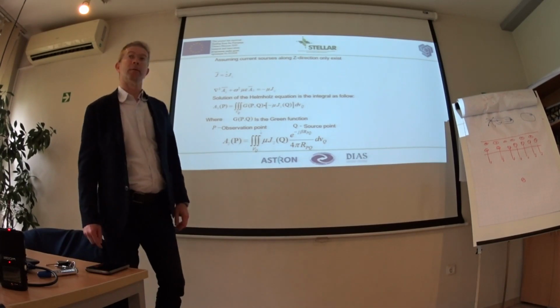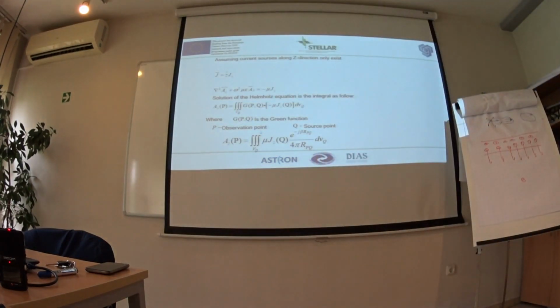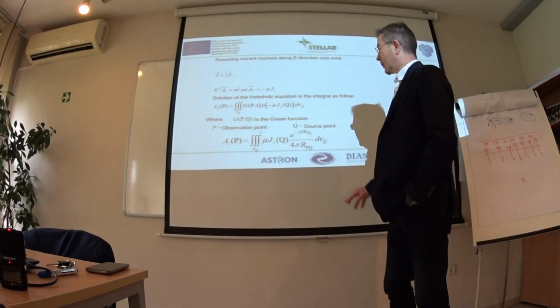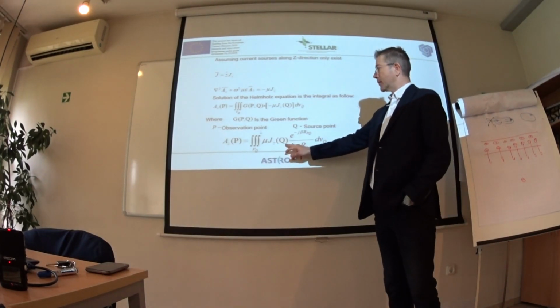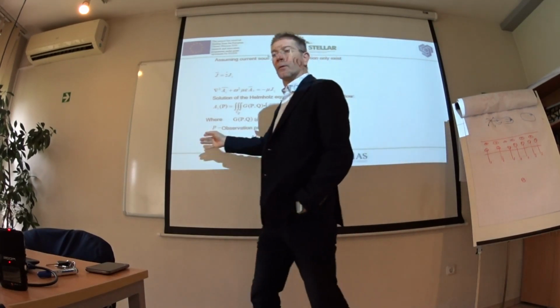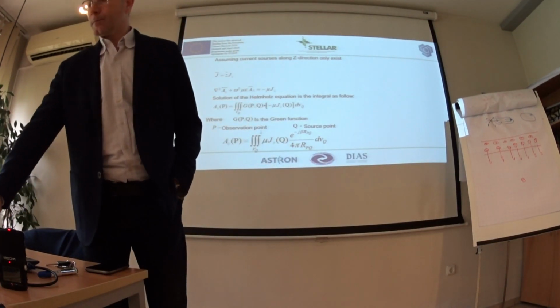Question: this vector A_z, is it a vector or just a scalar in this case? It's a vector, and it forms a vector field in space. Easy. So knowing the current, we get the auxiliary A vector.